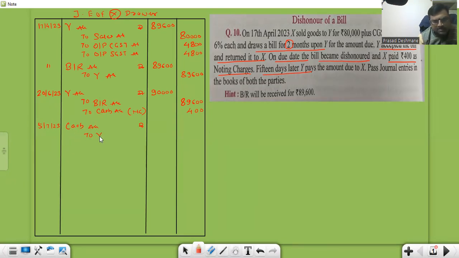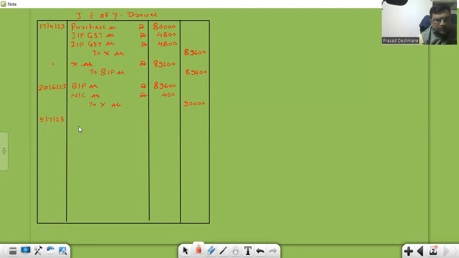So debit the receiver, credit the giver. 90,000. 5th of July 23. Debit the receiver. X is the receiver, and cash is coming in. 90,000.